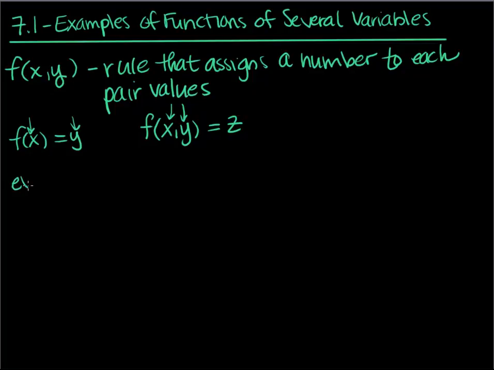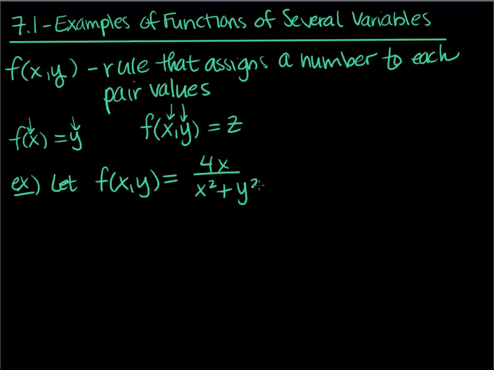So, for example, let f of x, y equal 4x over x squared plus y squared. This is a function of several variables. As you can see, I have x's and I have y's. So what if I wanted to do some stuff with this?